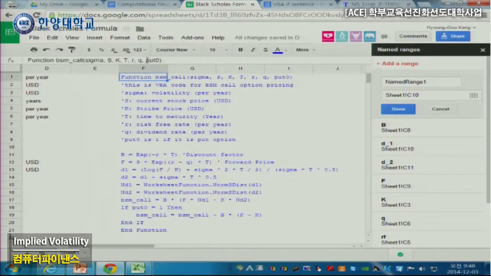If C is 1, then it is BSM call minus S minus K discounted. I'm using put-call parity. So if it is 1, it is the put option price, and if it is something else, it is just the call option price. This is my approach, but I think what Felix is doing is also right.